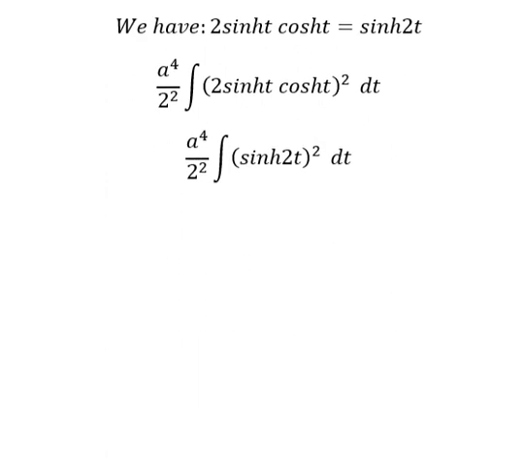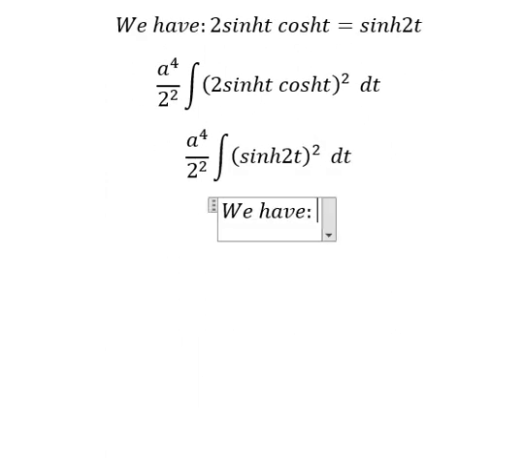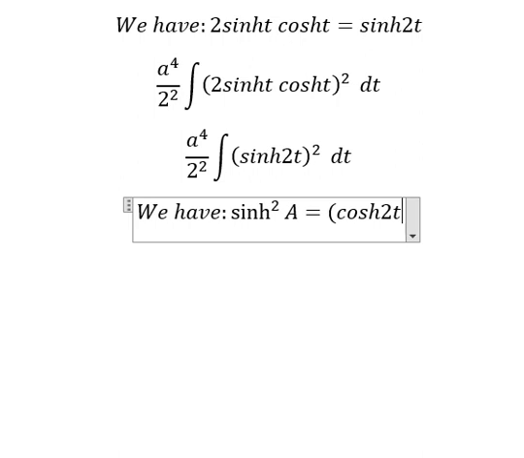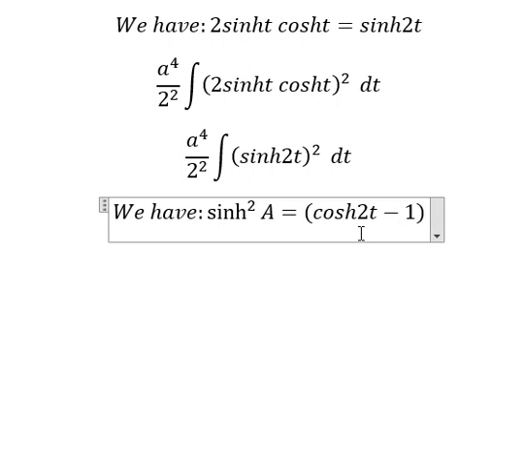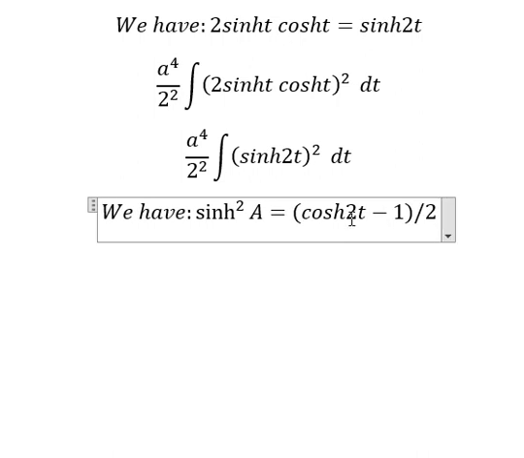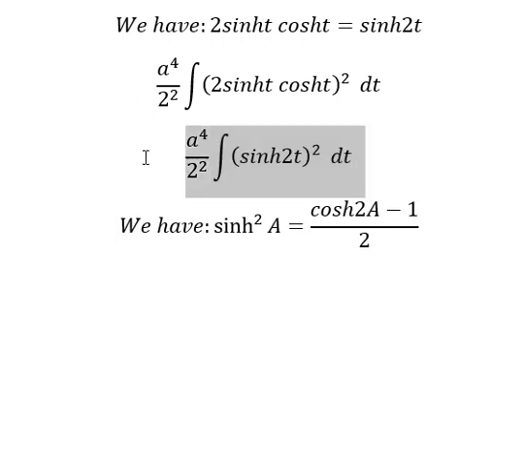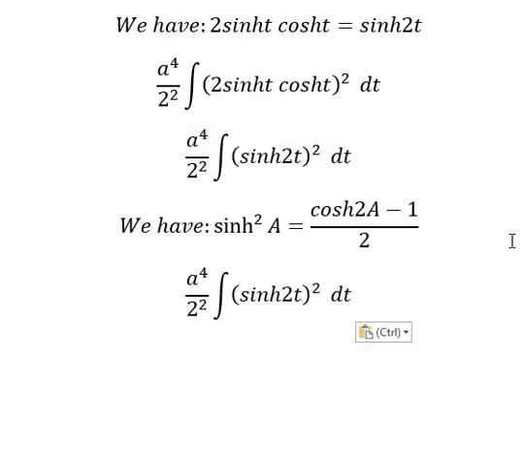Now we have the formula in here. That is about cos 2t minus 1 over 2, 2a. So capital A is about 2t in here.